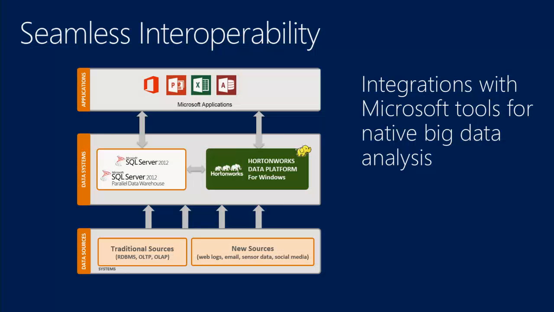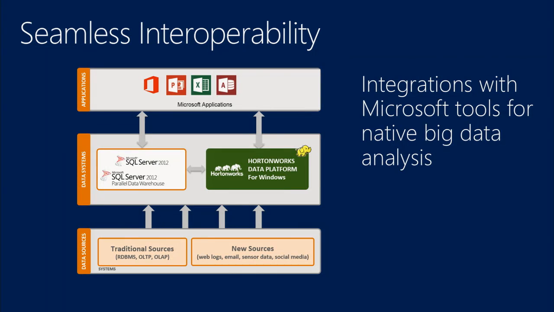And with that vision in place, that's really where the set of components with the Microsoft ecosystem of tools and Hadoop really come together to provide and make that vision a reality. So when we look at Hadoop, the Hortonworks data platform for Windows, we look at SQL Server, Parallel Data Warehouse, it all comes together to make sure you can store both information coming from systems that are OLTP systems, RDBMS systems, news sources, web logs, emails, capture all the information in one logical place, and use the right tool for the right job or the right query, right?